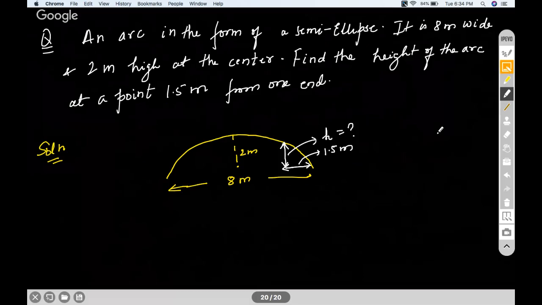Once you're done, please type in your response in the chat box. Point 8.